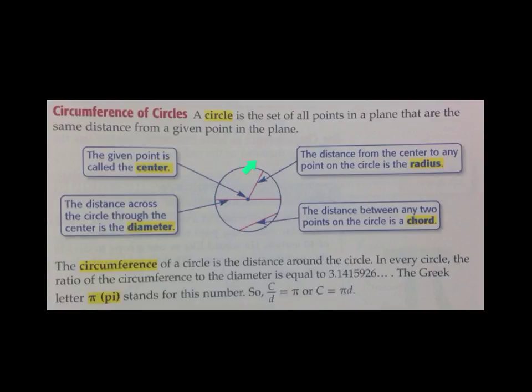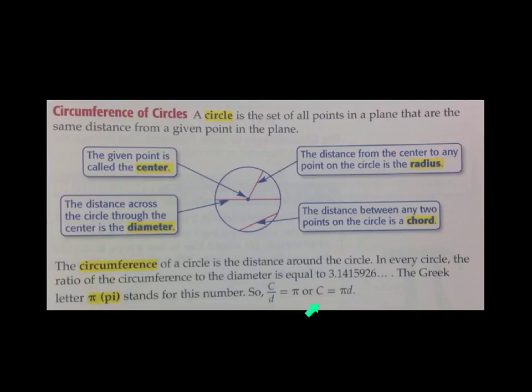If you take the circumference of any circle and you divide it by the diameter of that same circle, you're going to get the number pi. Okay? And so it doesn't matter how big or small our circle is. If you take the circumference and divide it by the diameter, you'll get pi.